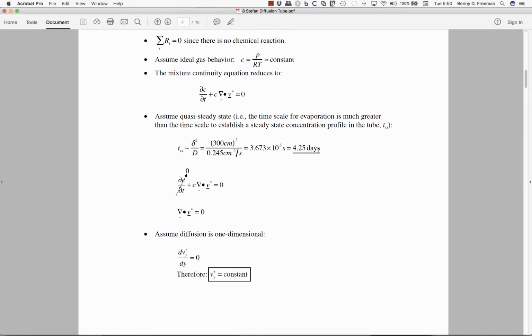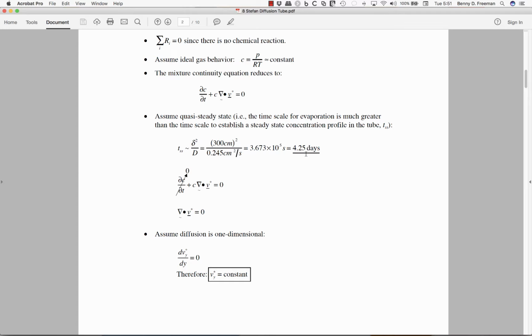That may seem like a long time, but it's important to remember that this time scale is not to be taken relative to human time scales for being in the lab or doing something like that. It's to be taken relative to the time scale to completely evaporate the water out of that tube.